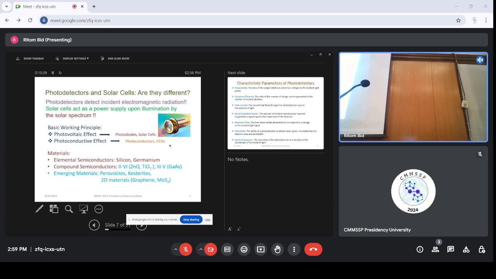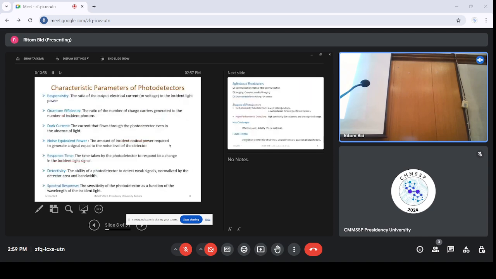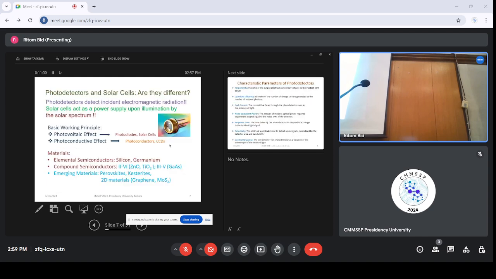Now, I talked about photodetectors and solar cells. Basically, solar cells are one kind of photodetector. It is a device that can detect incident electromagnetic radiation. That means when illuminated by incident radiation, if the properties change, that is a photodetector. A solar cell basically acts as a power supply.